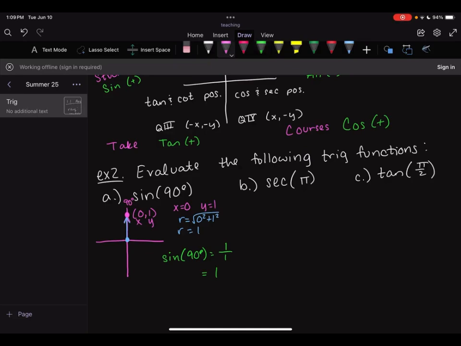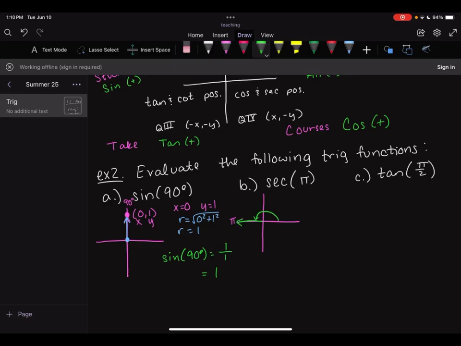So secant. So pi is going to be over here. So I'm looking at this angle here. I drew it over here because I want you to remember that it always comes from this side. So that's the entire angle, but that's where my angle is.